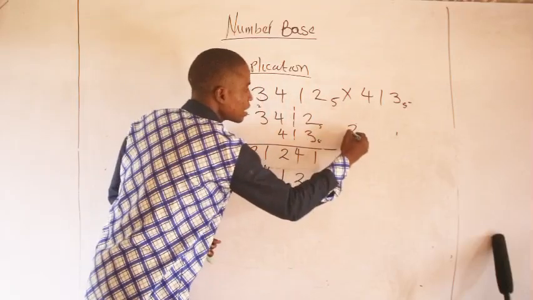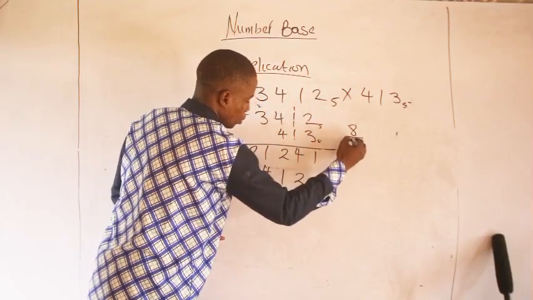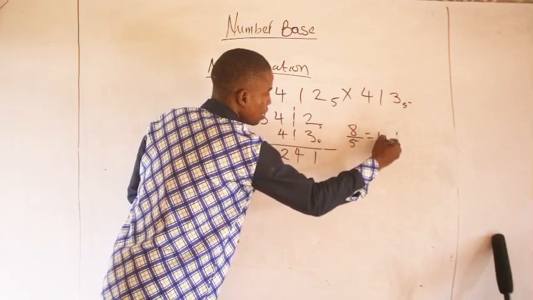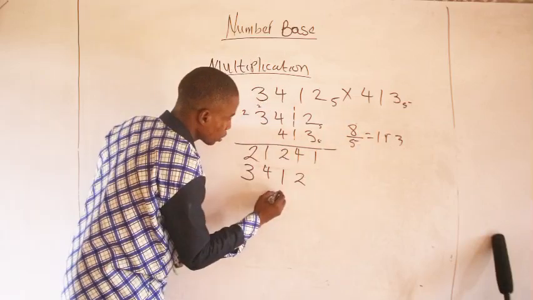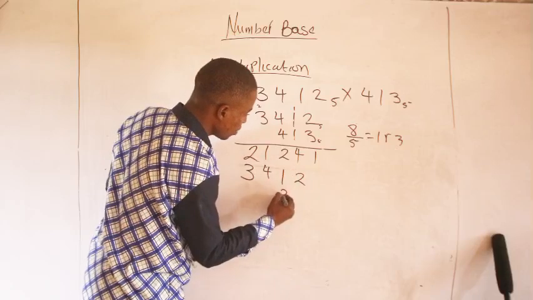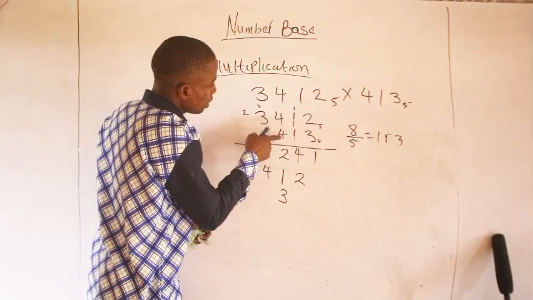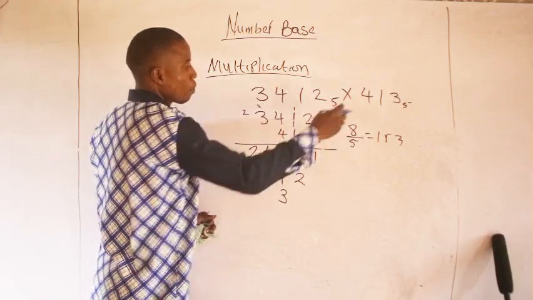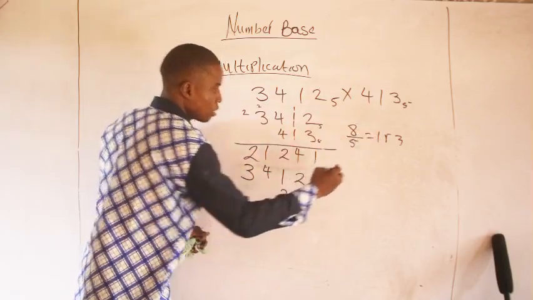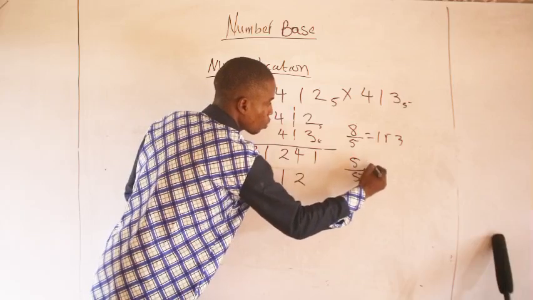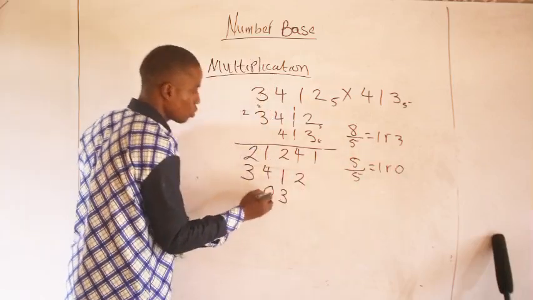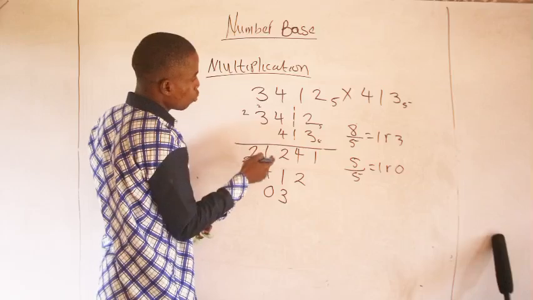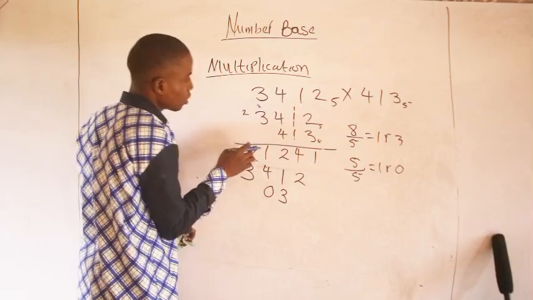Now, 8 is up to the base. We divide by 5, equal to 1, remainder 3. Make sure you write 3. Now this one times this is 4, plus 1, 5. 5 divided by 5 equals 1, remainder 0. You write 0. The remaining one, you put on the next number.